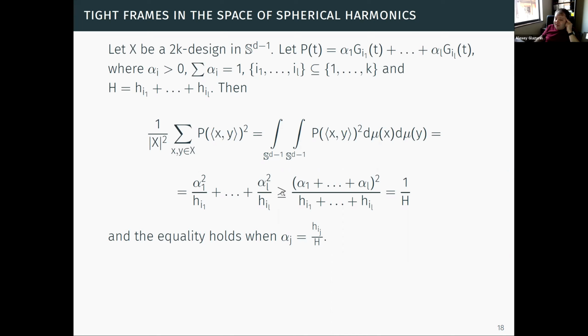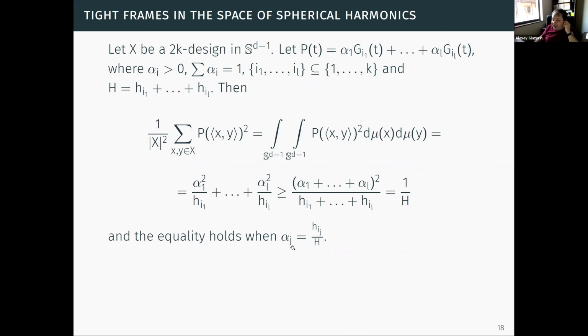And then at this point, I'm using Cauchy-Schwarz. So this is at least the sum of values in the numerators squared over the sum of values in the denominators. And this is 1 over h. This is exactly what you should get. Well, if you check carefully the condition, when does the Cauchy-Schwarz hold?